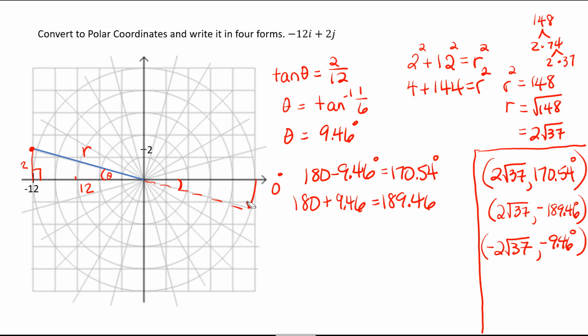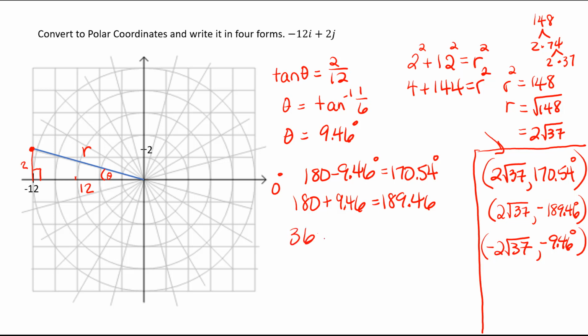Another way would be to, well, we could just spin around the circle an extra time. So when I go the normal way, the first one I had, I can just add 360 to that angle.